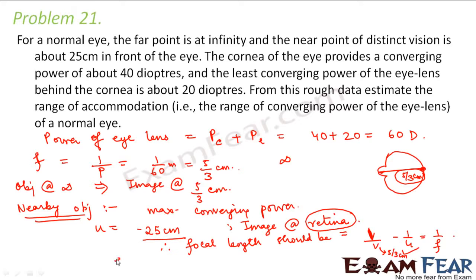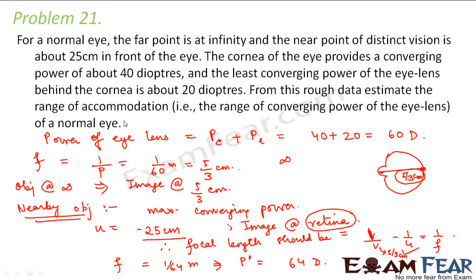Using these values, we can calculate the value of f, which comes out to be 1 by 64 meters. From this, we can calculate the new power, that is P dash, which comes out to be 64 diopters.